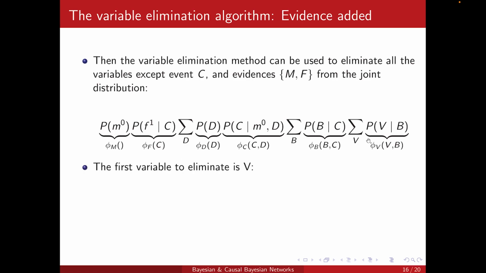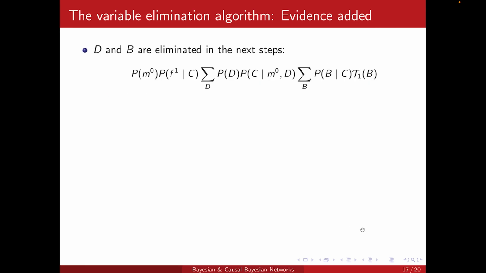So the first step is to eliminate V, and I know this is 1. If we want to do it, we can still do it, and we see that we just need to add up these 2 possibilities. They add up to 1.